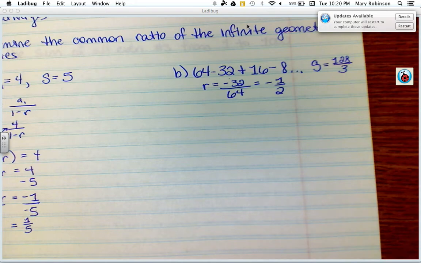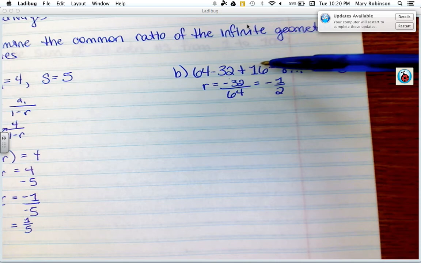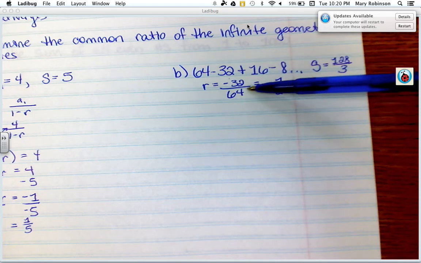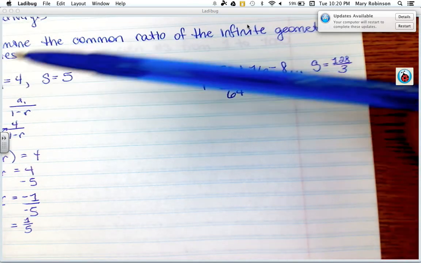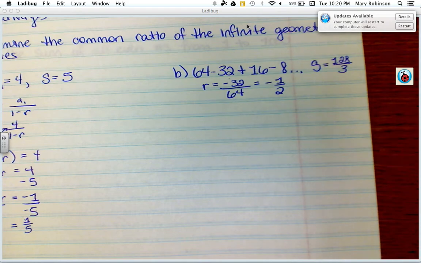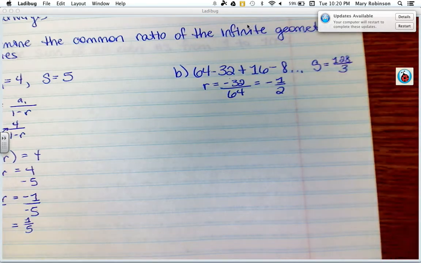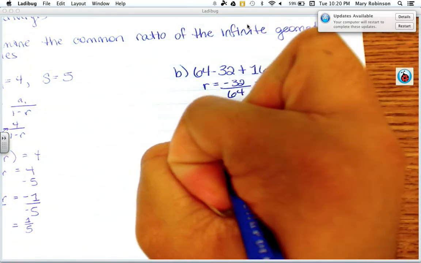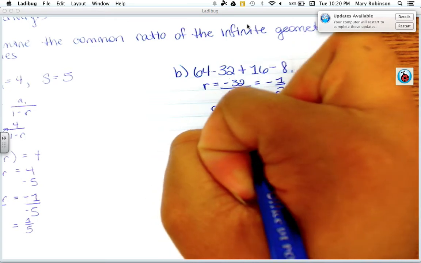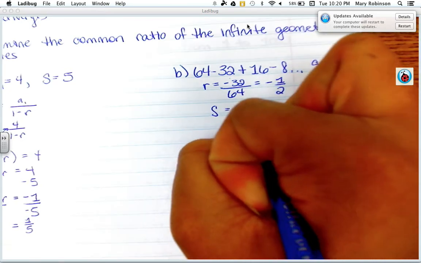So since they give us the sequence, we can find the r value doing this. We don't have to use the sum formula. Although, if you want to use the sum formula, you can, just to make sure that r is in fact negative 1/2. So, we're going to use the same formula, so s equals a sub 1 over 1 minus r.